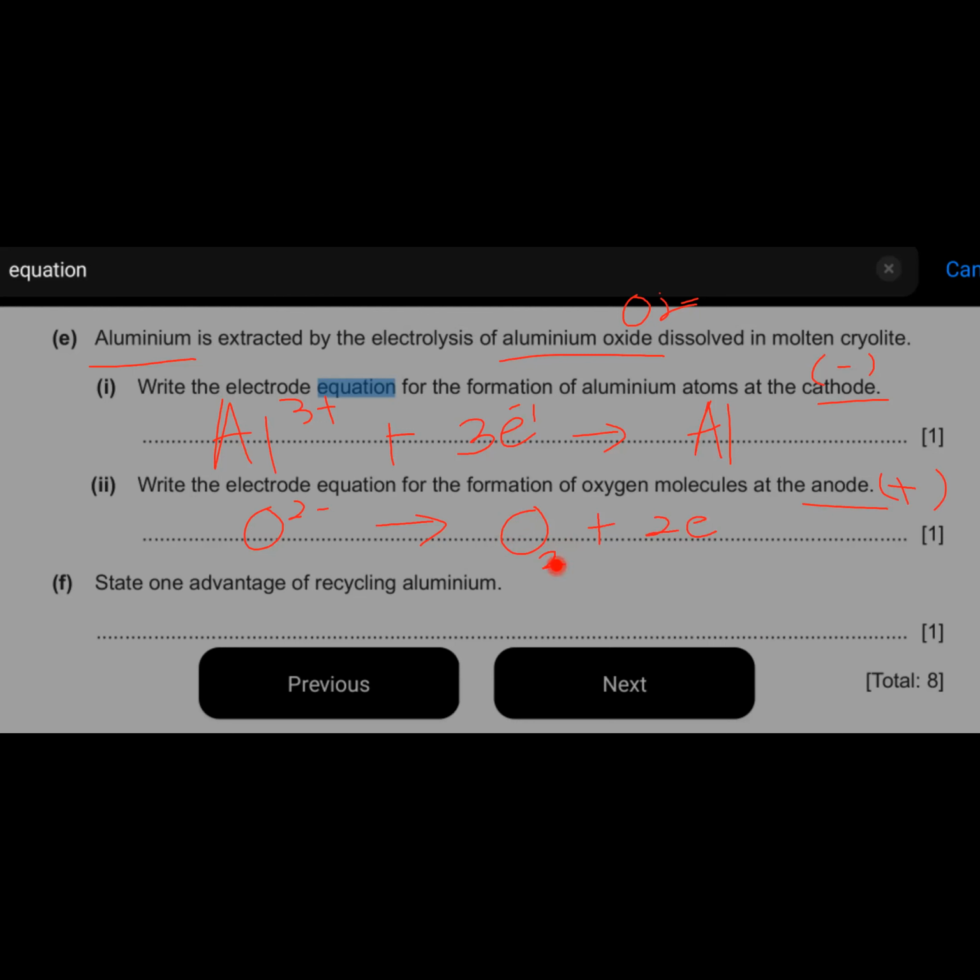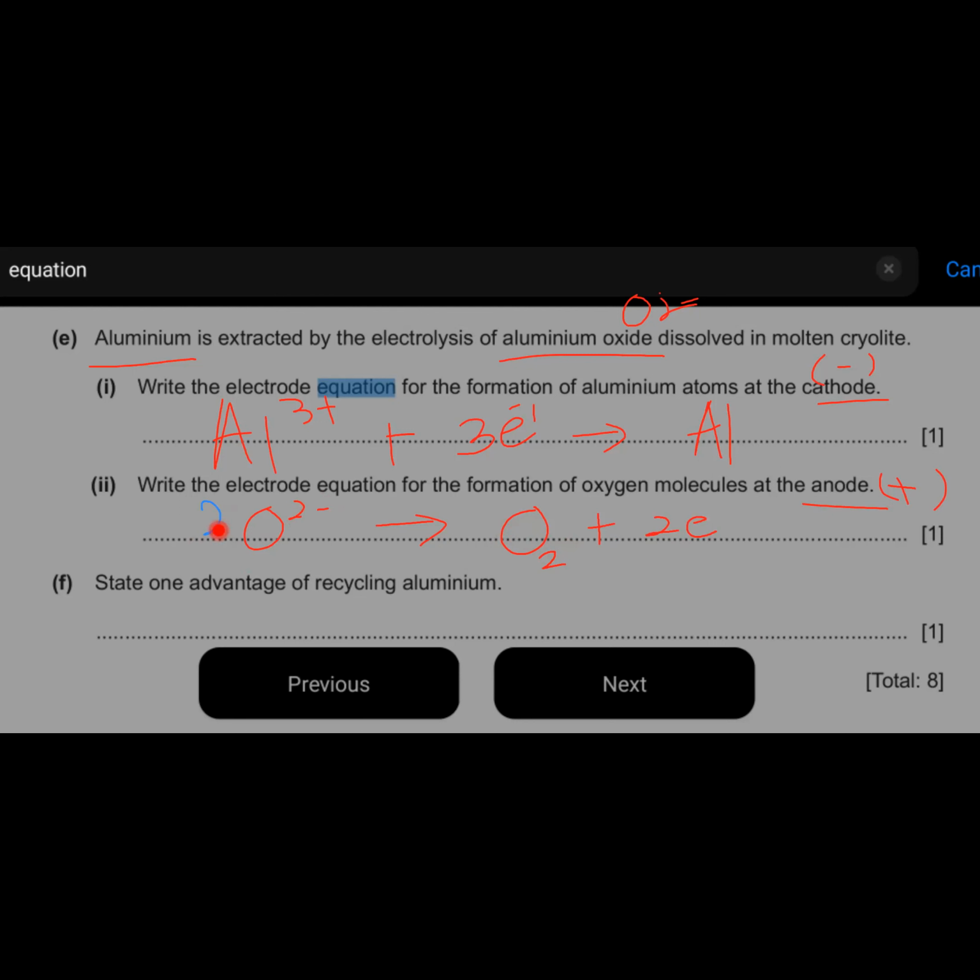That means you should have this oxygen molecule made by taking 2 oxide ions, right? 2 oxide ions means 2 times minus 2, which is 4 minus charges.